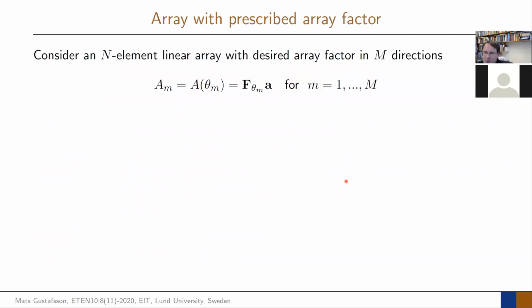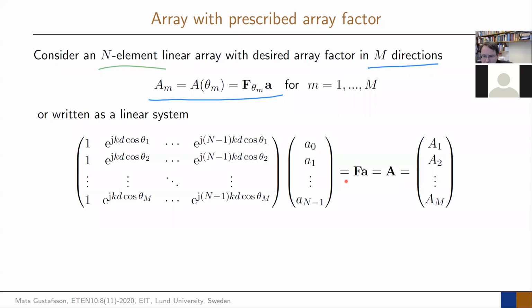Okay, so if we now have this prescribed array factor, so I say that I have n elements in my linear array, so n antenna elements, and I would like now to radiate in m different directions. So that means that I know what the array factor AF should be. It's just a matrix vector equation I can write up here for all of these different directions.